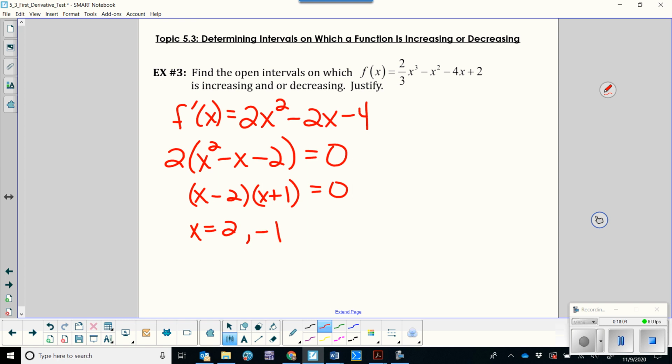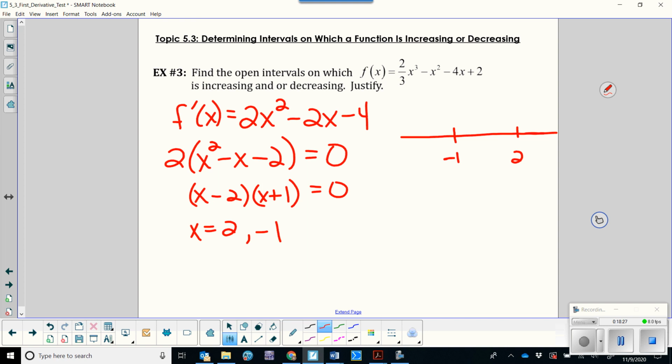So then what I'm going to do is make a sign chart. This is not justification, but it sure is the way I'm going to figure out my answer in a really easy way. So this is basically a number line, where I have my possible places that the function could change signs, which would be at -1 and 2.